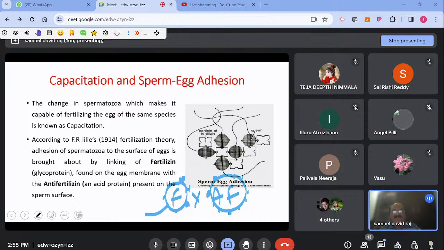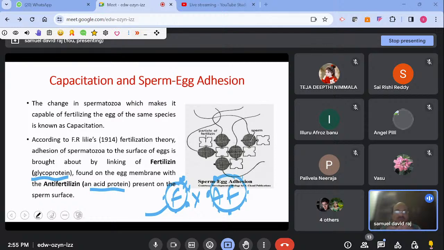Fertilizin is found to be a glycoprotein and anti-fertilizin is an acid protein. So the fertilizin of one species can bind with the anti-fertilizin of the same species but not of another species.